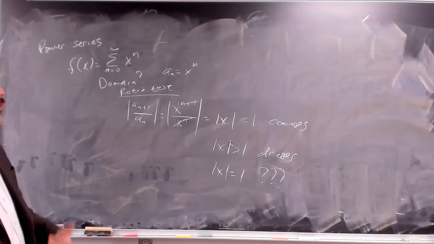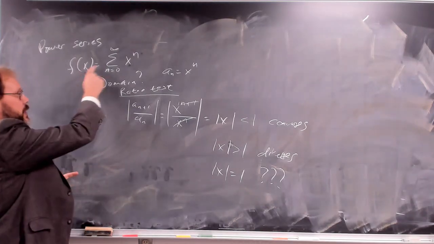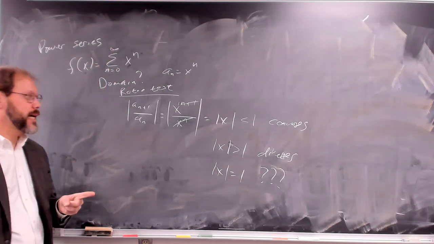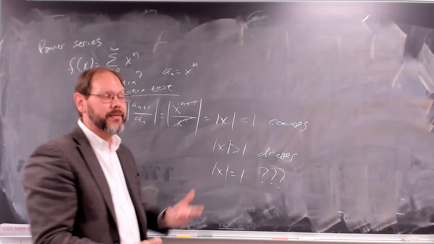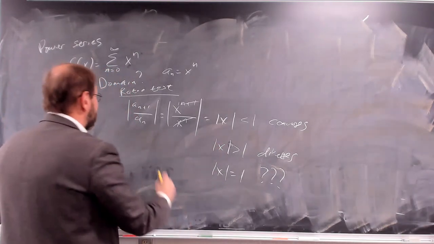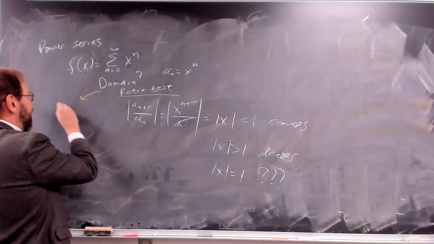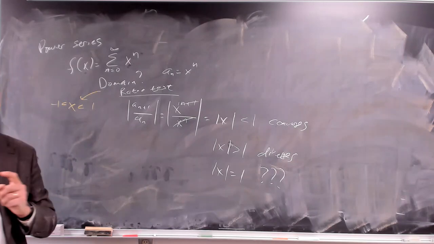Okay. So, when it comes to the domain of this function, what numbers can I plug into my function and have this rule make sense? Where does it, in this case, converge? The answer is when the absolute value of x is less than 1, or at the very least, I could say when x is between 1 and negative 1.